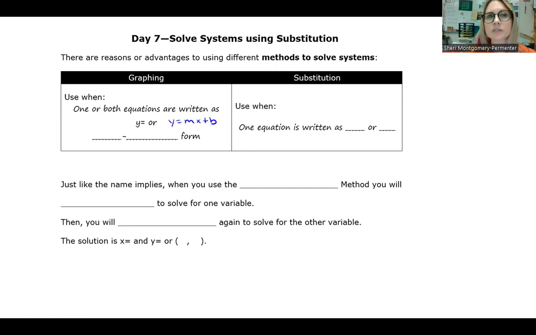That is called slope-intercept form. So if your two equations are in y equals, then it's slope-intercept form.